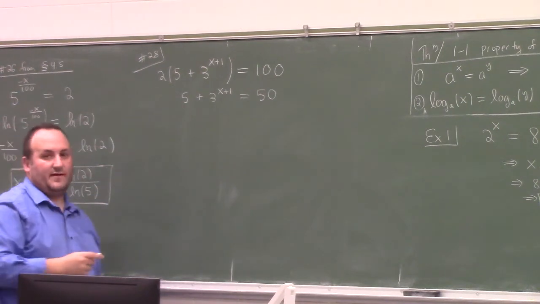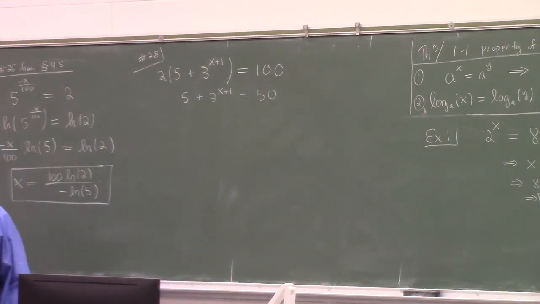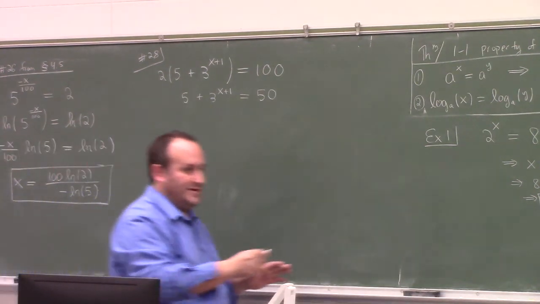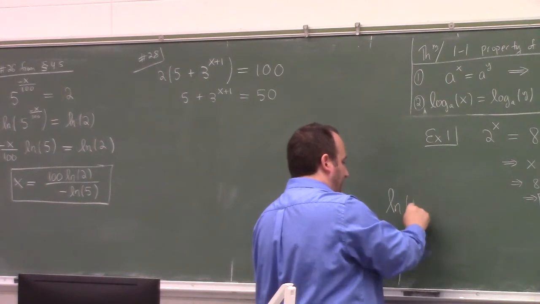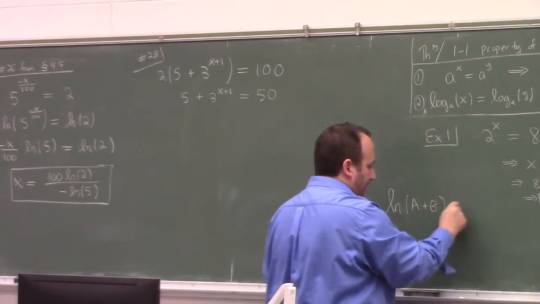Minus 5. Now, why didn't you take the natural log already? Because we're trying to simplify what? Exactly. We were trying to isolate the 3 to the x plus 1. Because we have no nice rule. Nowhere have I written natural log of a plus b equals anything nice.